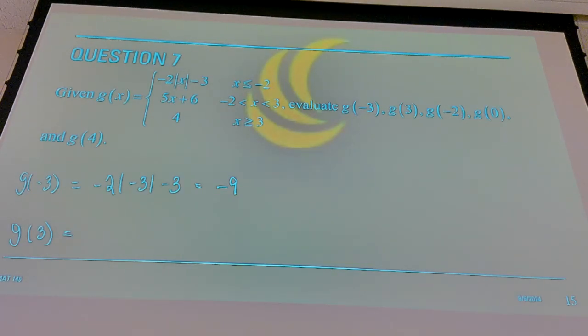Is 3 less than or equal to -2? No. Is 3 between -2 and 3? No. Is 3 greater than or equal to 3? Yeah. So that's the piece it goes into. What's G of 3? 4. That's all a piecewise function is.